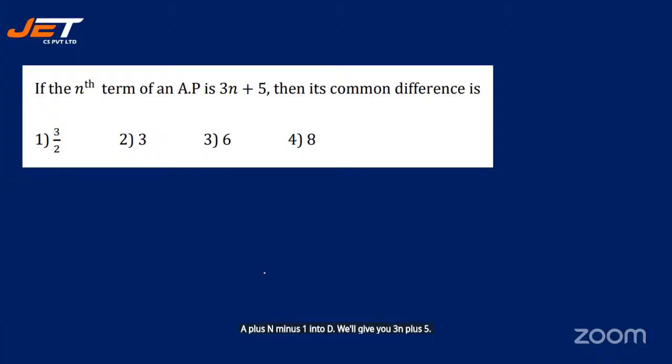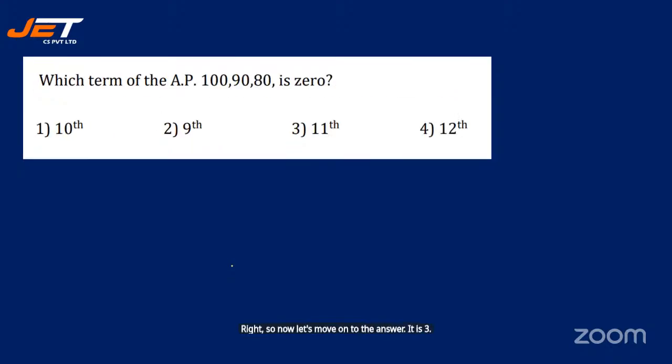Then what is the common difference? That is D, right? So A plus n minus 1 into D. Yes, so I think you can do this and give me the answers. Right, so now let's move on to the answer. It is 3. Good.